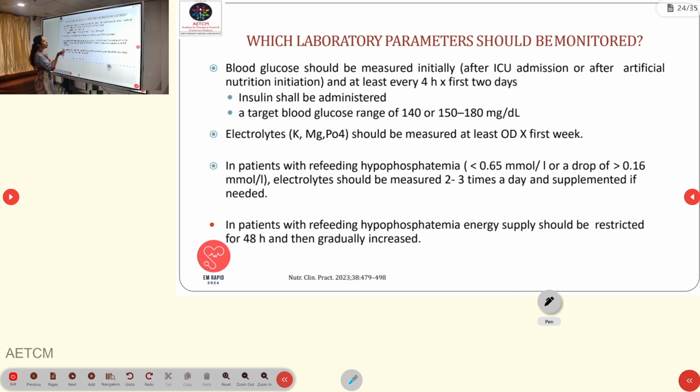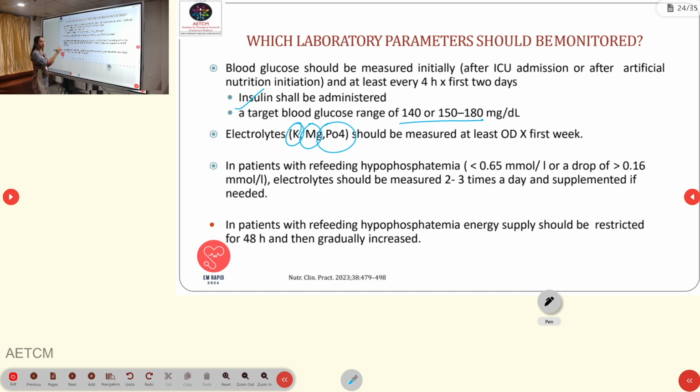In the ICU our glucose target ranges from 140 to 180, and if the patient is going into hyperglycemia, insulin shall be started, and we monitor electrolytes, especially potassium, magnesium and phosphorus. Why? Because patients with malnutrition have a high chance of going into refeeding syndrome after starting feeds. We will be discussing that later.